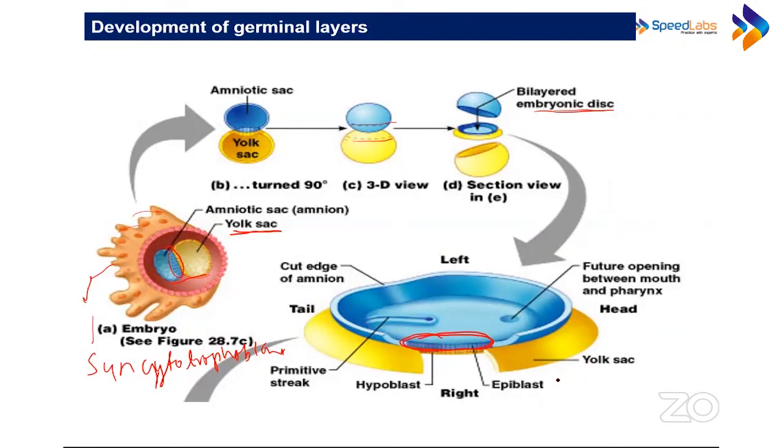Cells of the epiblast just bend like this. Leave aside the amnion, the amnion is formed, the amniotic cavity is formed all around the epiblast. So the remaining cells of the epiblast produce an invagination, which is called the primitive streak. Okay, look at this, it produces this primitive streak.